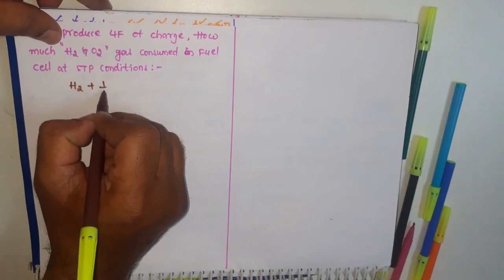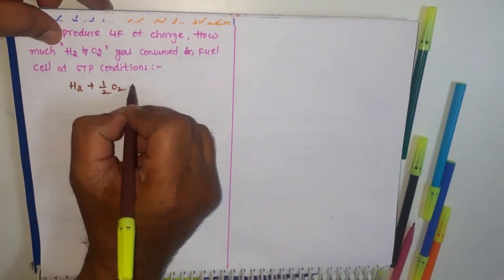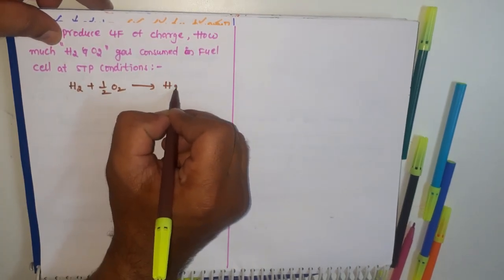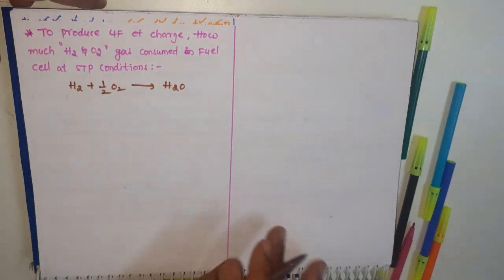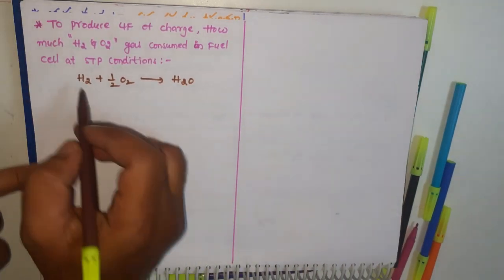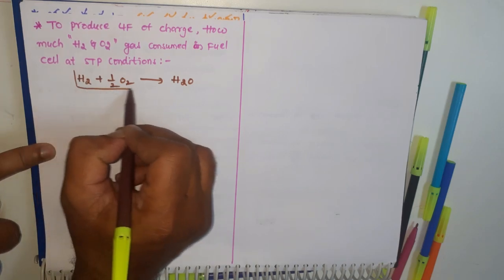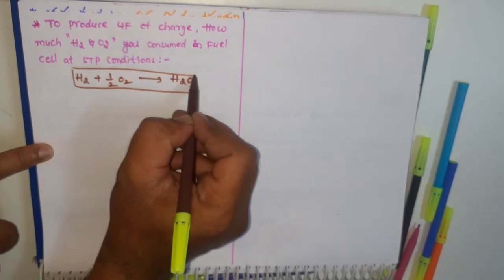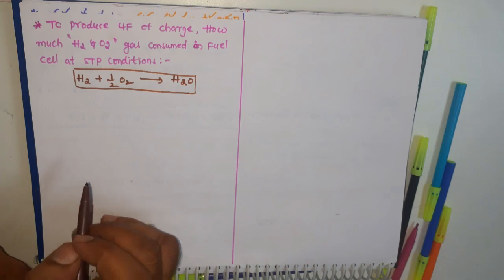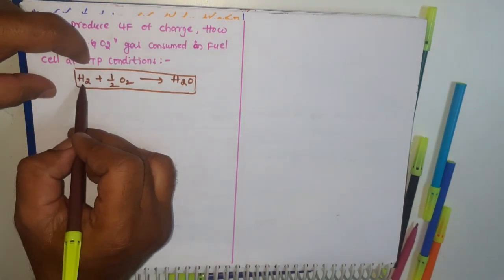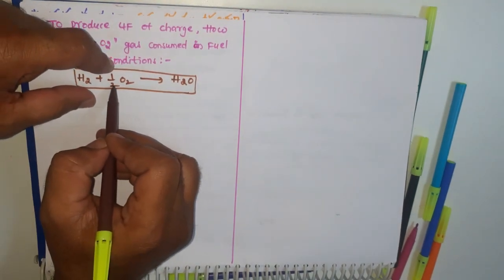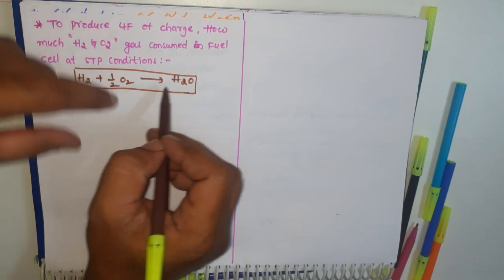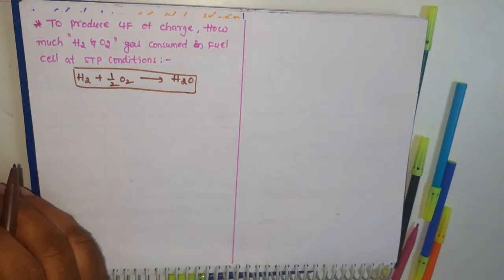H2 plus half O2 gives H2O. Students, this reaction is very important to remember. 1 mole of hydrogen and half mole of oxygen react and form 1 mole of H2O.